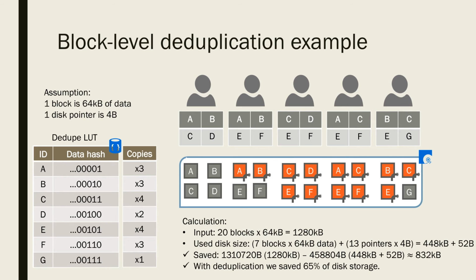And now we can calculate saved disk space as the difference between input and used disk size, and it is approximately 832 kilobytes of data which is saved in this process. So we can conclude that with deduplication we saved 65% of disk storage, which is the usual percentage of saved disk storage for the data deduplication process for processing big data.